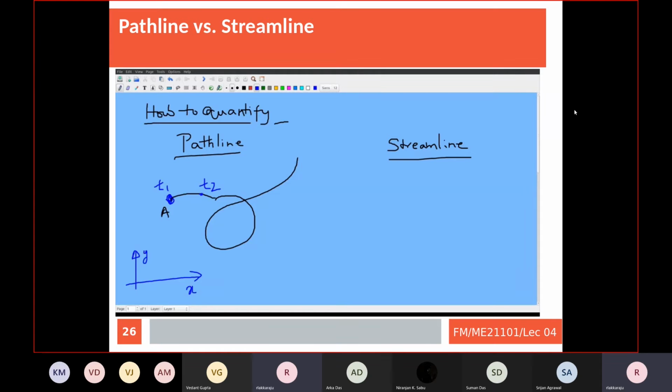The fluid particle at different times is located at different positions. So at each position, it might have one particular velocity in the laboratory frame. So if I am going to measure the velocity of that fluid particle, let us call it VA.